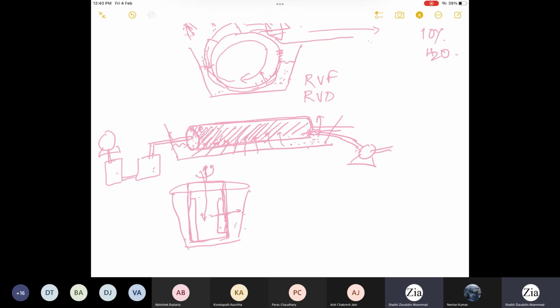So this kind of basket type centrifuge is not a continuous centrifuge. You can have a disc stack centrifuge where you can operate continuously. So you can use a continuous centrifuge or a batch centrifuge, or you can use plate and frame filters.